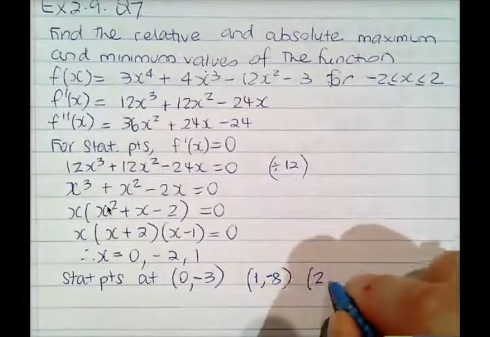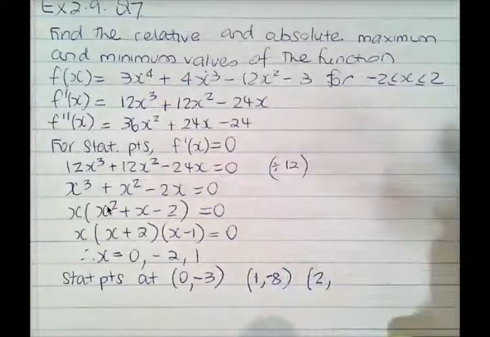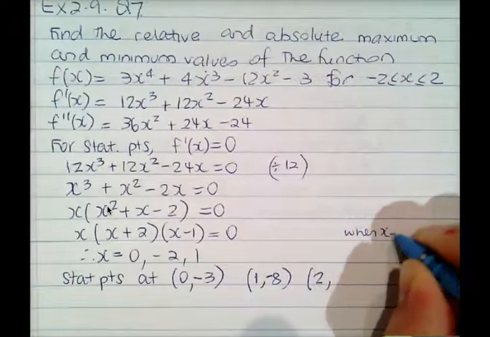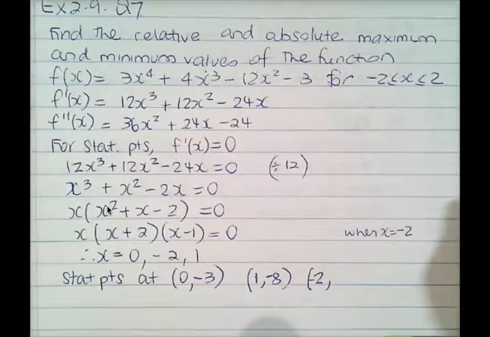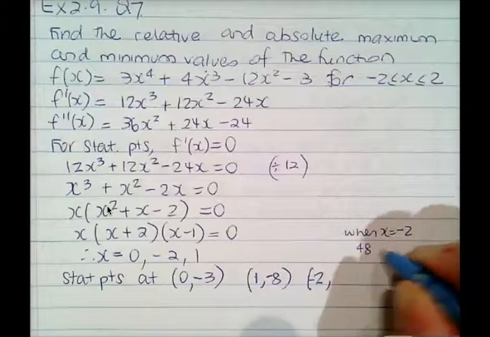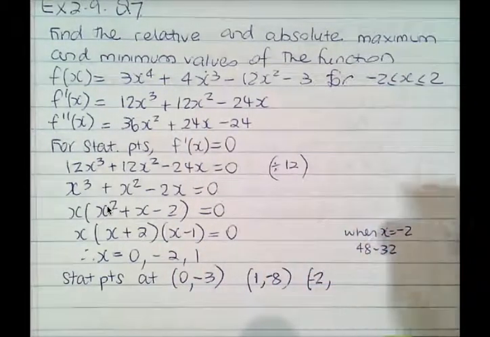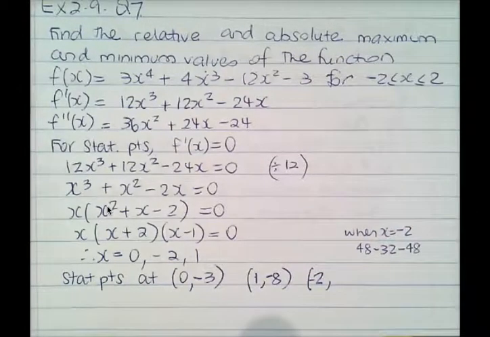And the last stationary point, we have to substitute x equals negative 2. 2 to the power of 4 is 16. So when x is negative 2, we've got 3 times 16, that's 48. Then we've got 4 times negative 8, which is minus 32. And we've got minus 12 times 4, which is minus 48 again.